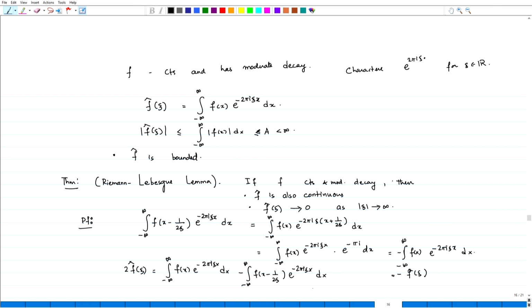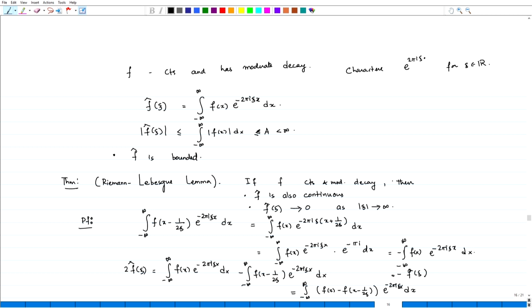Now, this is equal to the integral from minus infinity to infinity of f of x minus f of x minus 1 by 2 ξ, times e to the power minus 2 pi i ξ x dx.